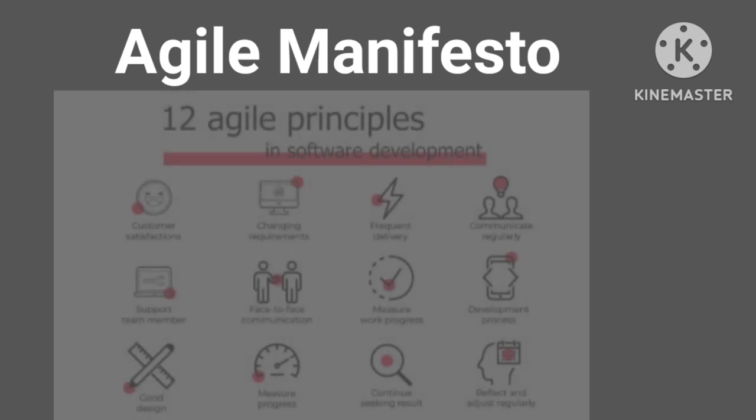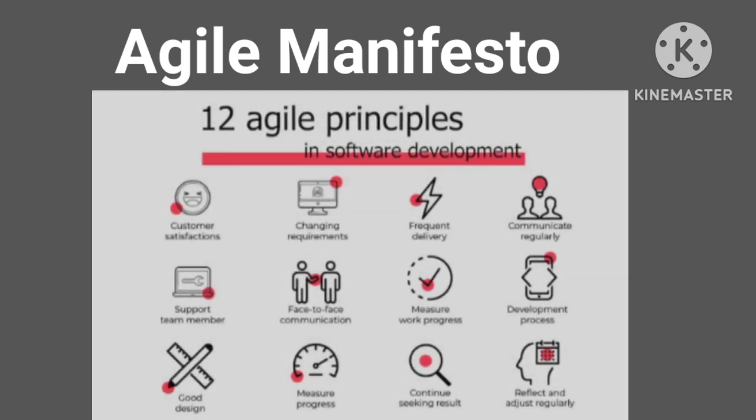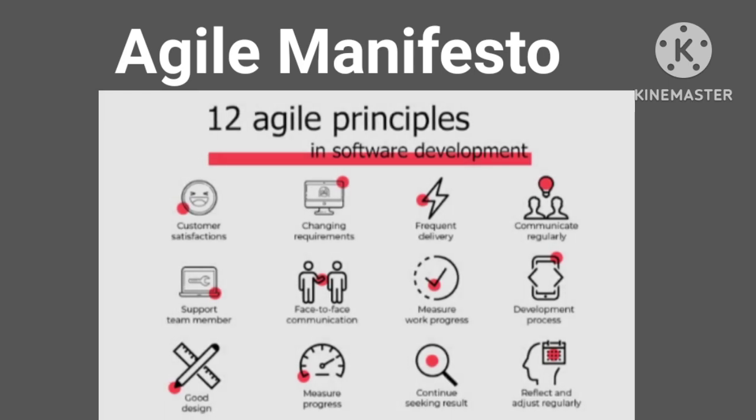We are going to cover the Agile Manifesto and the principles behind it. We are also going to focus on the challenges faced during the execution of the Agile model.